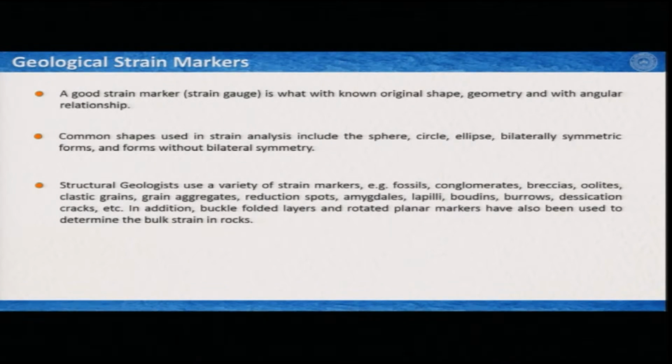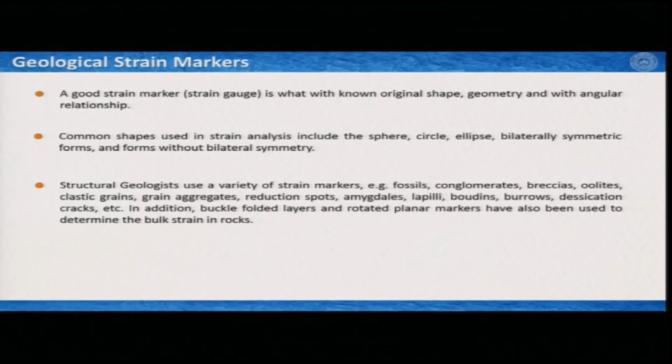To figure out these shapes, structural geologists generally use as strain markers some geological features, like fossils, conglomerates, breccias, then oolites, again these are kind of fossils, some individual grains if we have to study the strain on a very micro scale, then reduction spots and so on.